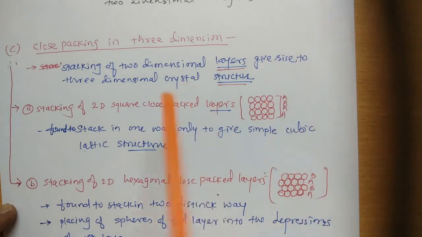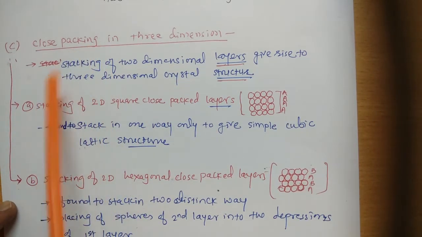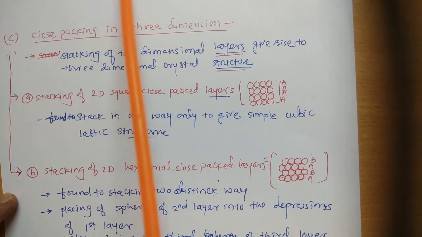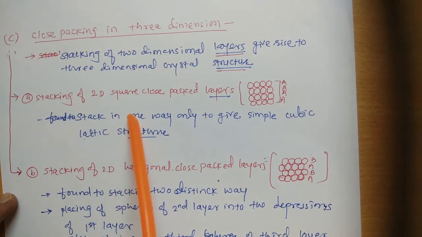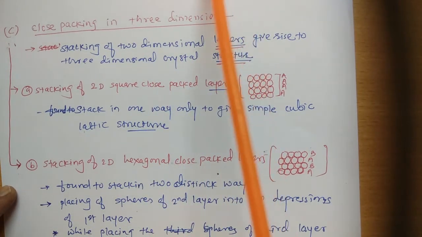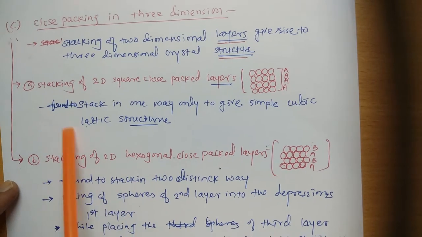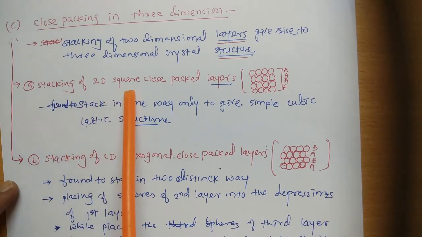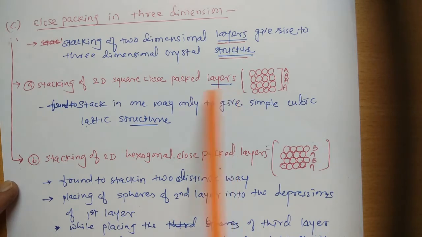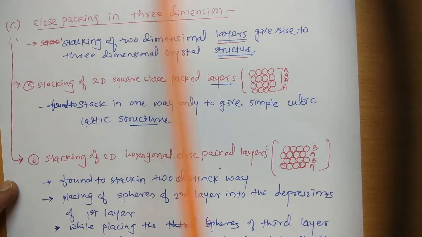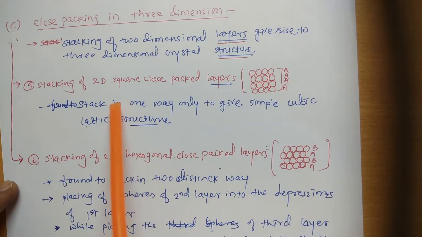This is simply an introduction. Now the close packing in three dimensions can be done in two ways: one, by using the layer of square close packing, and the other by using the hexagonal close packing layer. Now see here, stacking of two-dimensional square close packed layers is used to form a three-dimensional structure.